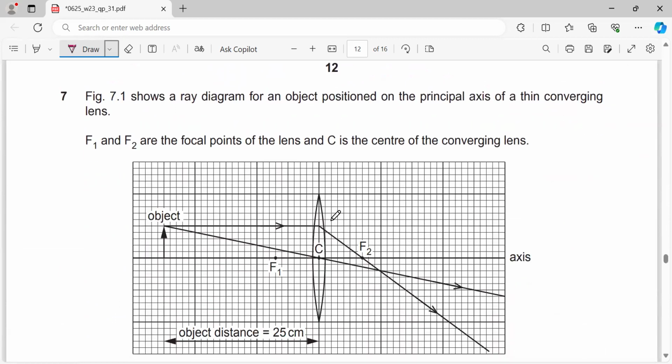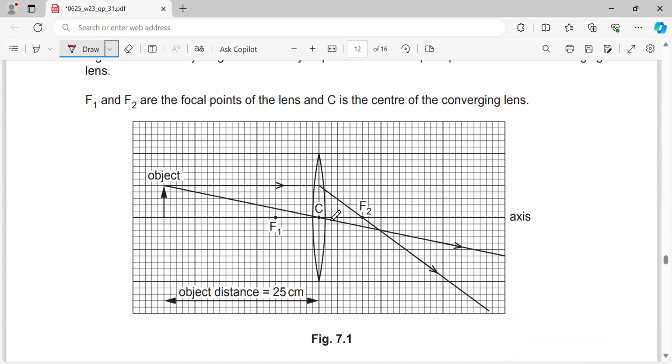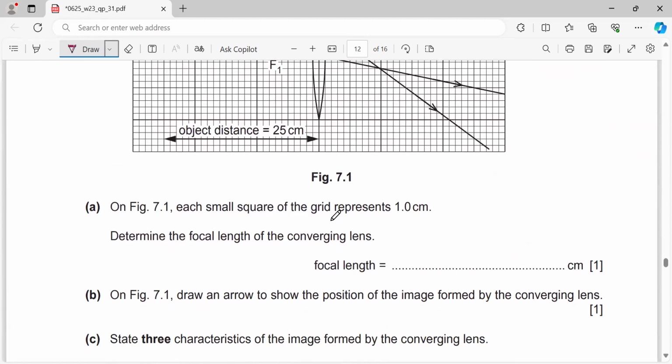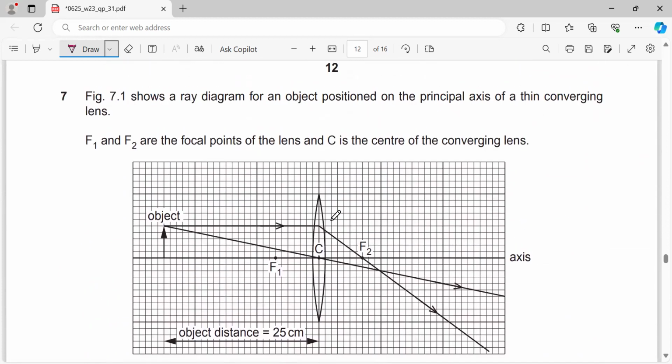Number seven, figure 7.1 shows a ray diagram for an object positioned on the principal axis of a thin converging lens. F1 and F2 are the focal points of the lens, and C is the center of the converging lens. On figure 7.1, each small square of the grid represents 1 centimeter. Determine the focal length of the converging lens.